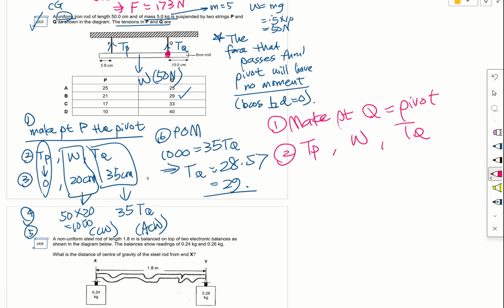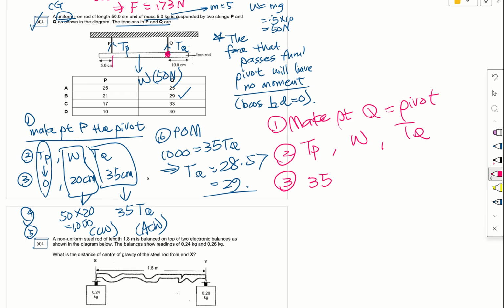Same thing, right? So for TP now, because it does not have the pivot at its point of application, for step 3, the perpendicular distance will be, is it 35? Yeah, I believe so. Okay, 5, 10, 50, yes, 35.